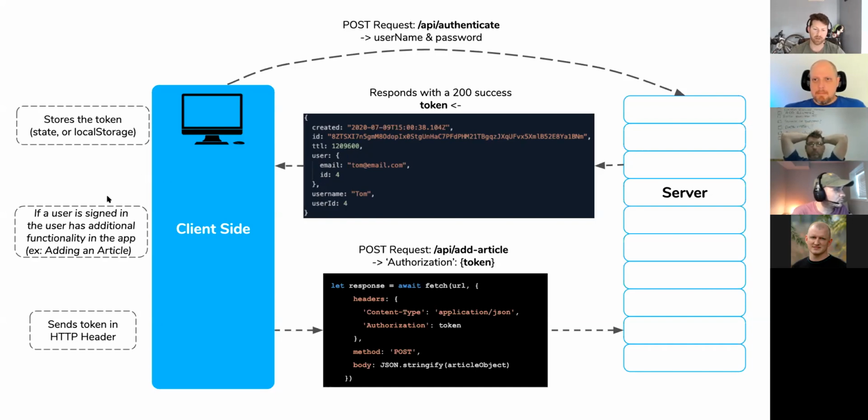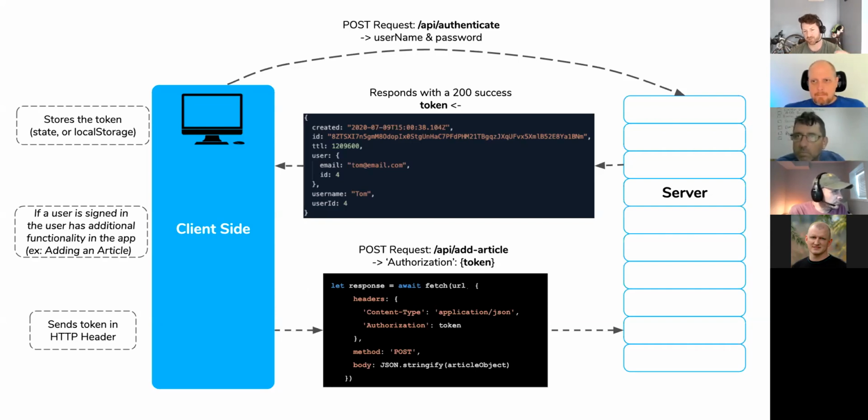And then when the user is authenticated, they now have the ability to add an article. So when I decide to add an article, I fill out the form and click submit a new article. I send the token in the API in the body, in addition to the article object, the title, the byline, and the abstract.